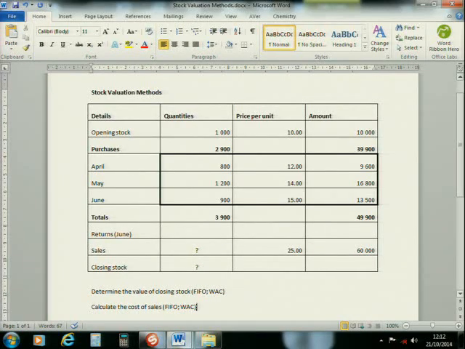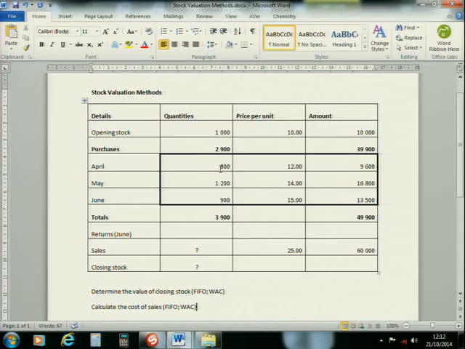When using the FIFO stock valuation method, remember that the stock that we bought first, or that got in first, is the first one to go out. If, for example, you are told that 1,200 units were sold, it will mean then this 1,000 is gone and 200 of the 800 is gone.